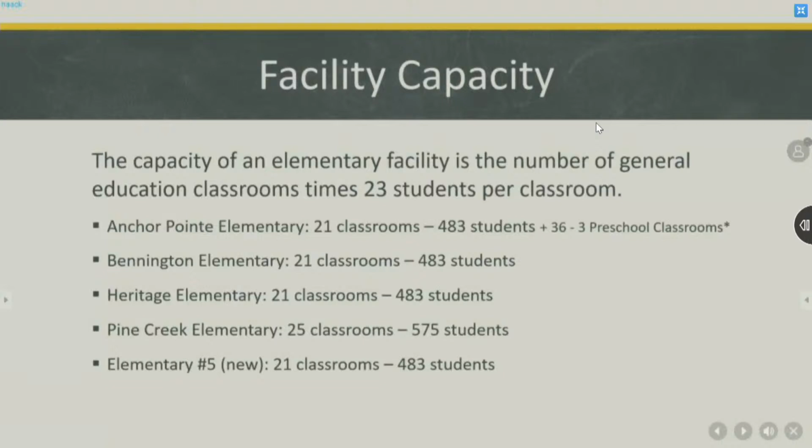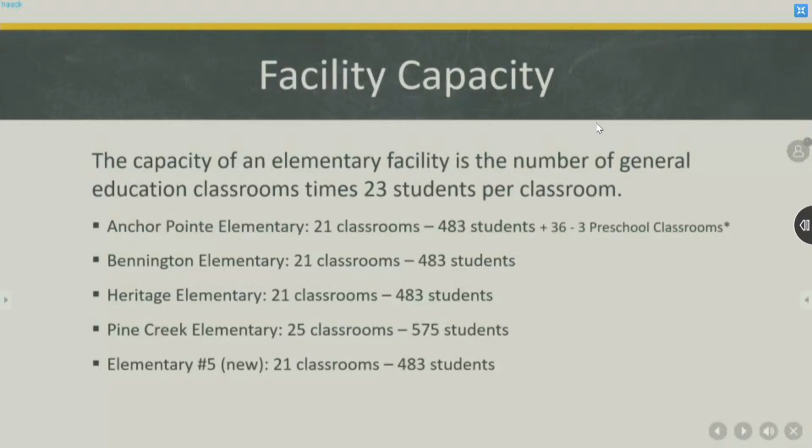Most of our buildings have 21 classrooms, except for 2. Anchor Pointe has 21 general ed K-5 classrooms, but it also has 3 preschool rooms. Denoting that up there, preschool is half day, therefore 12 in a room.